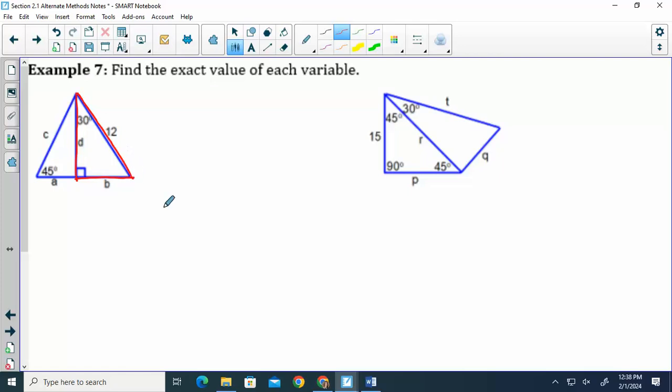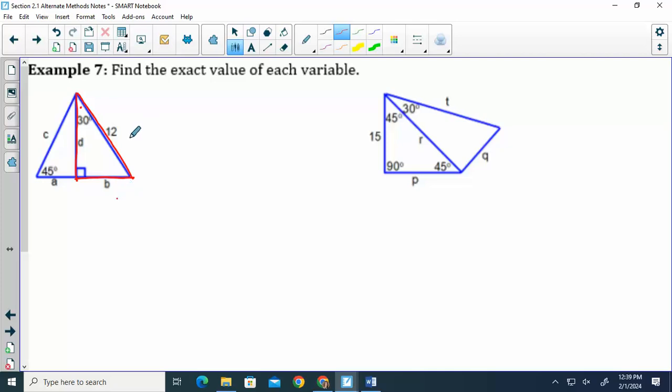Now, when we're doing a trig function, it has to be a right triangle, and we have to go from the acute angle. So we cannot use that 90-degree angle. If I wanted to find side B, and I'm using this 30-degree angle, from that angle, is B my opposite, adjacent, or hypotenuse? Opposite.